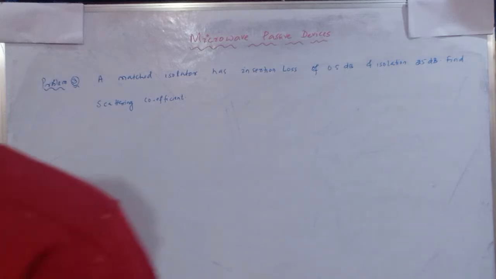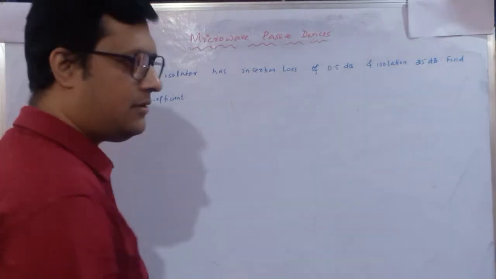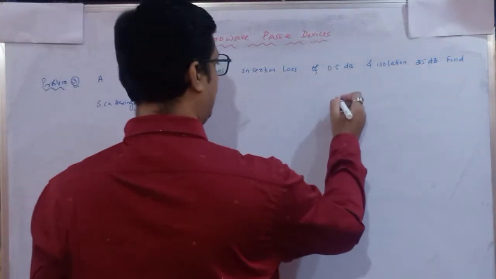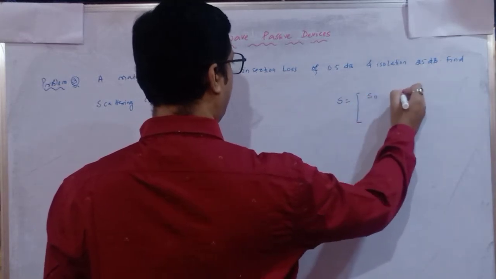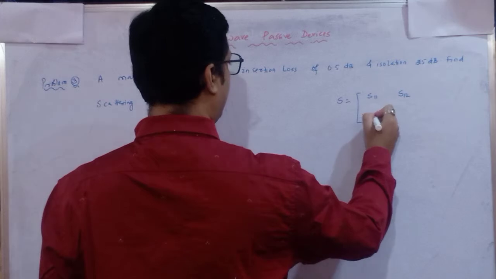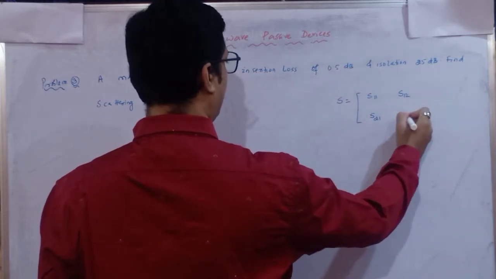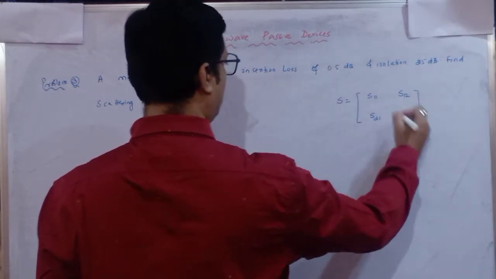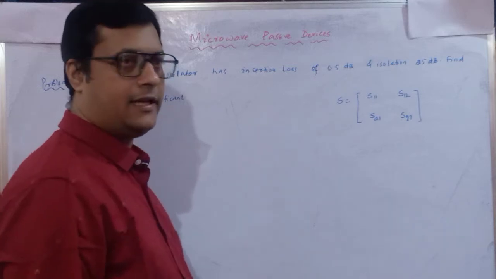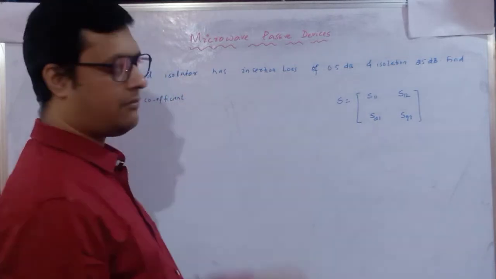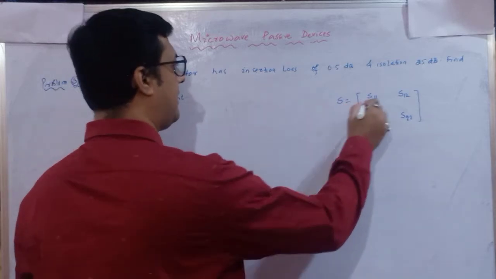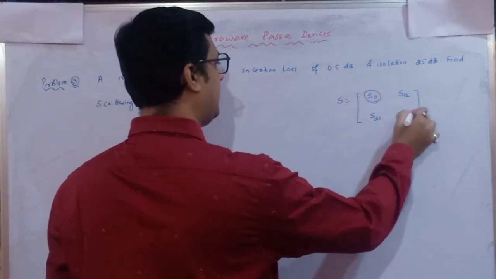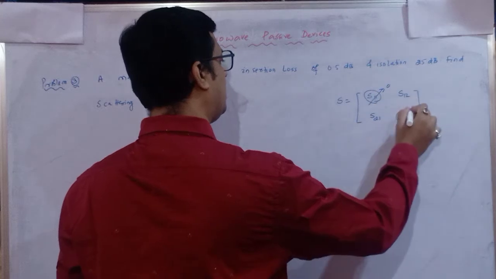This is a very small question with respect to the isolator. As the isolator is a 2-port network, as we have already seen, we have S11, S12, S21 and S22. Now a matched isolator means the 2 ports are perfectly matched, so S11 and S22 tend to 0.